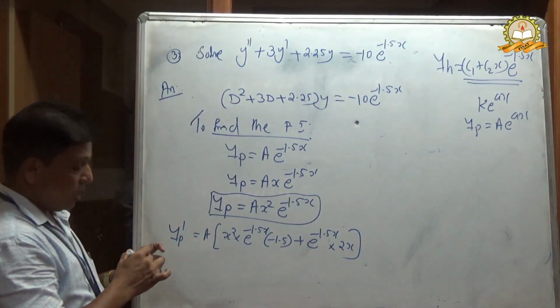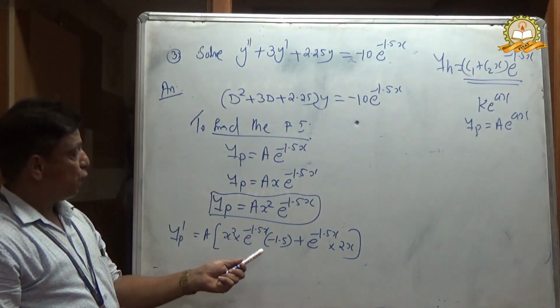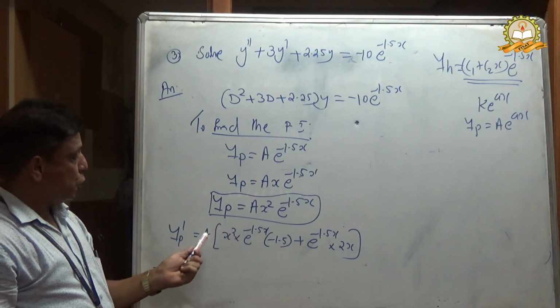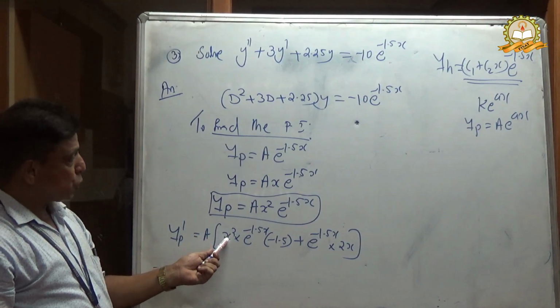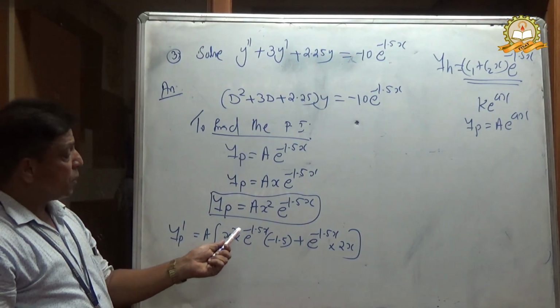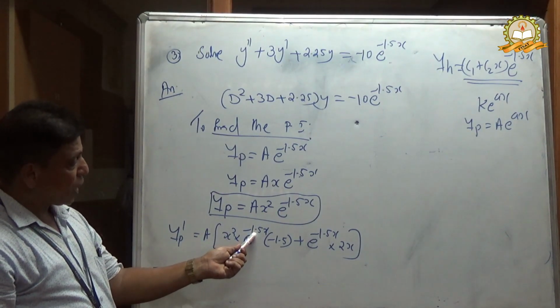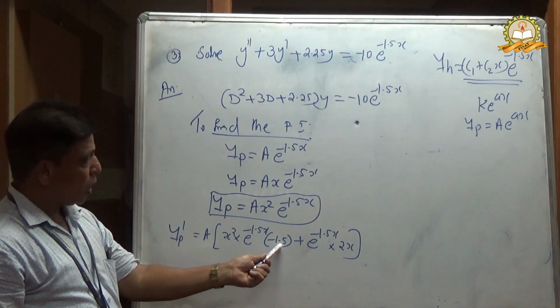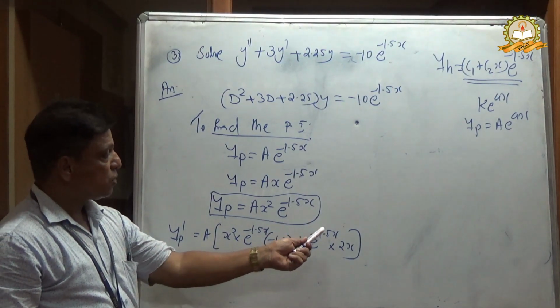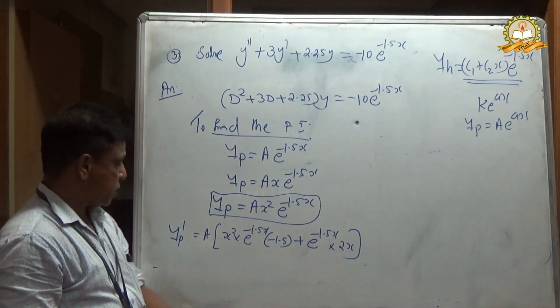We applied the product rule for differentiation. Therefore, yp dash is a into x square into e raised to minus 1.5x into minus 1.5 plus e raised to minus 1.5x into 2x.